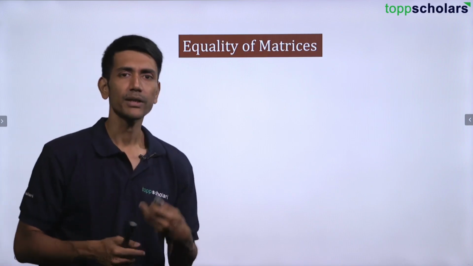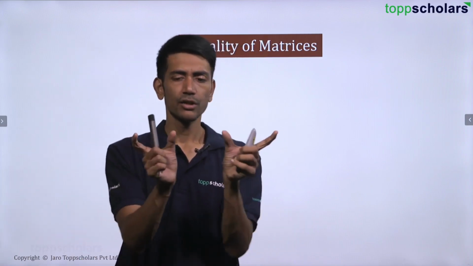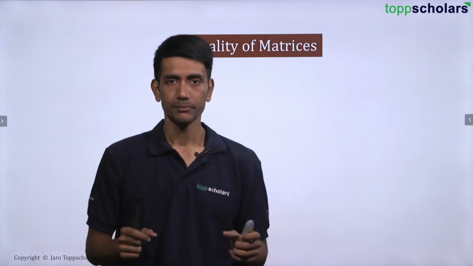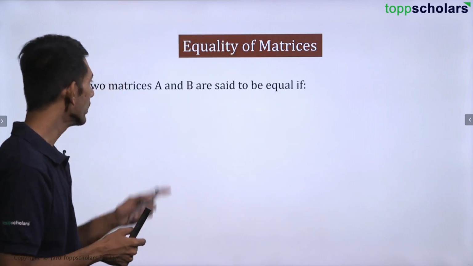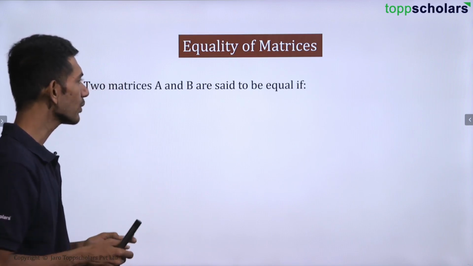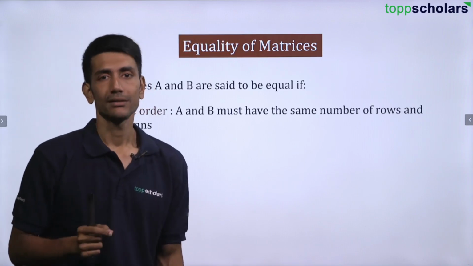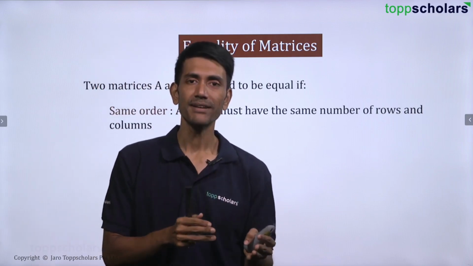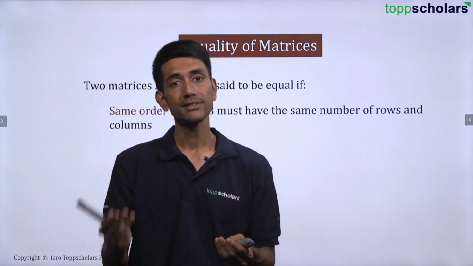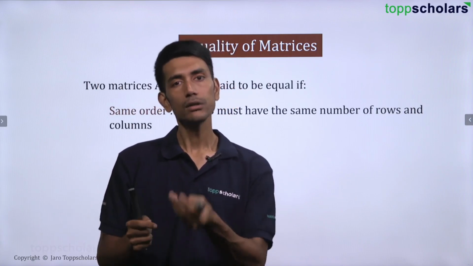Now let us talk about equality of matrices. So when are two matrices equal? Very important, two conditions are there for the matrices to be equal. Two matrices A and B are said to be equal if they have the same order. That is, the order of both the matrices must be same. If the first matrix has the order 2 by 2, the second matrix should also have the order 2 by 2.